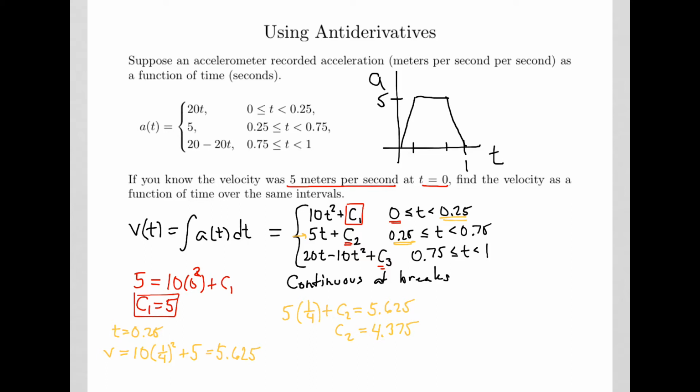Now that I know C2, I can use this equation because, let's change to a new color, maybe blue, at 3/4 I have two formulas, and I can use my initial condition at 3/4 to calculate C3. So why don't you see if you can do it? Pause the video, calculate it, and then check your work.